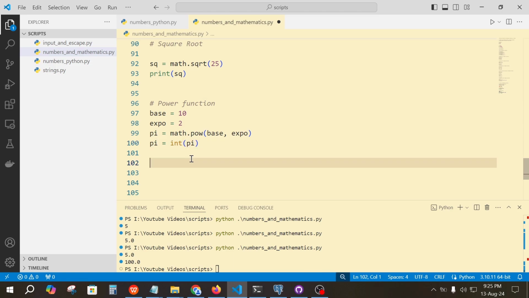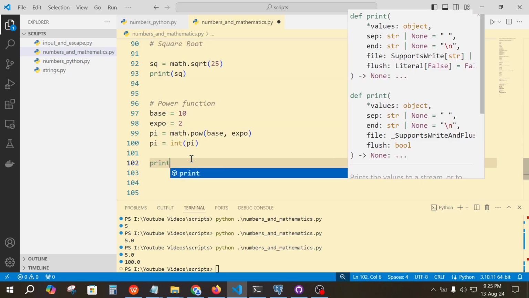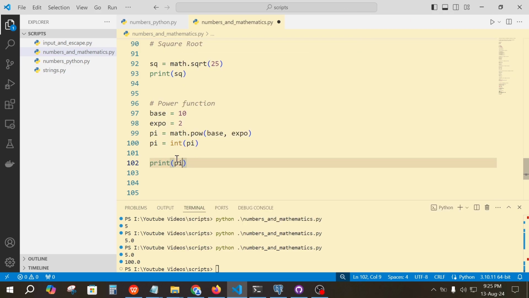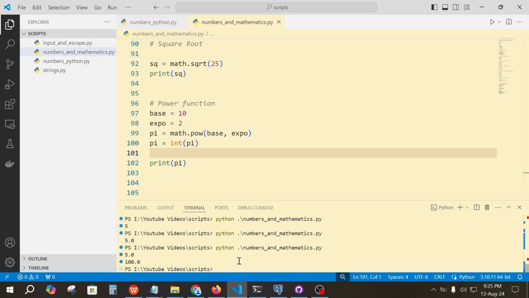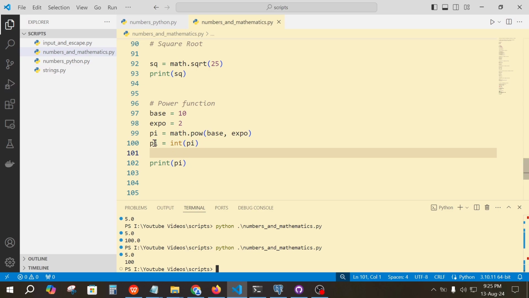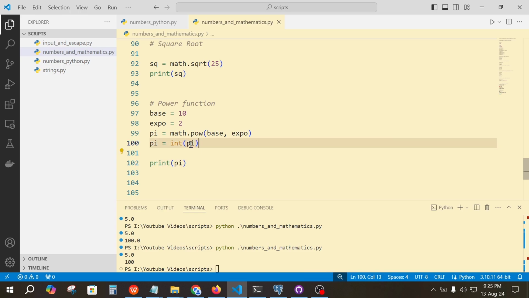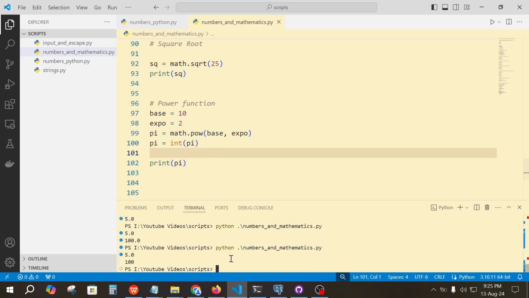If I print pi, now this variable has been changed and an integer of pi is there. It is a reassigning of a variable. You can assign the same variable different values unlimited times. So you can see 100 is now an integer. This is typecasting also.